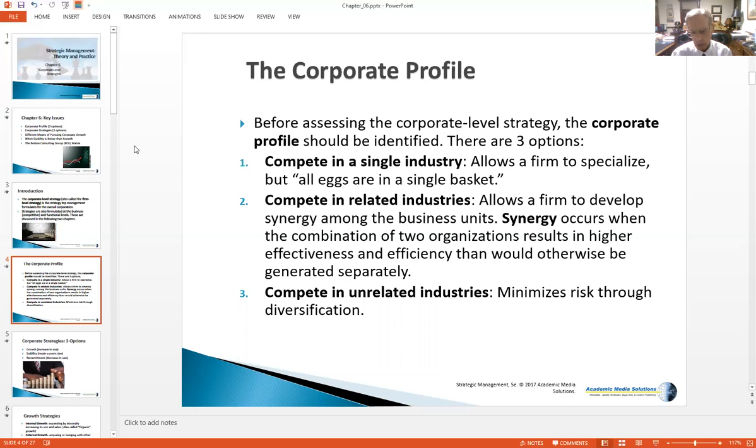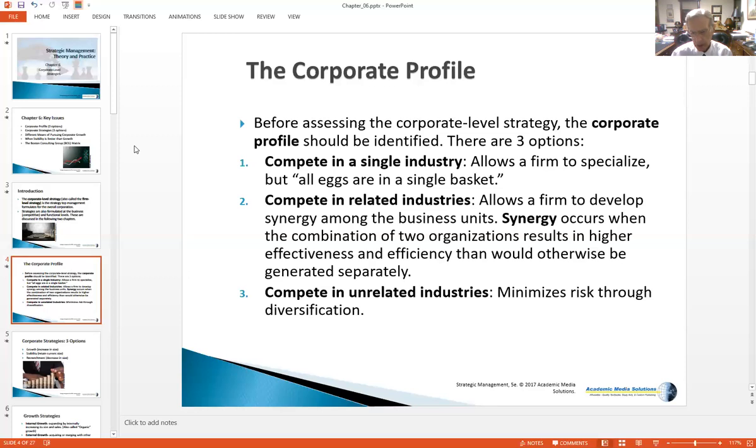That is, for combinations of business units to enhance one another, and they'll be better off, perhaps more efficient or more effective, as Parnell says here, as part of a whole than they would be individually. And finally, it's possible to compete in unrelated industries to form what's called a conglomerate.